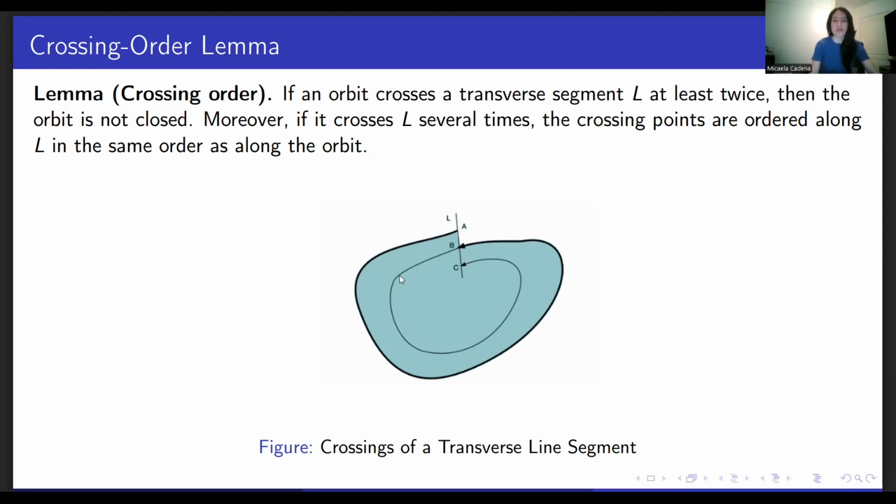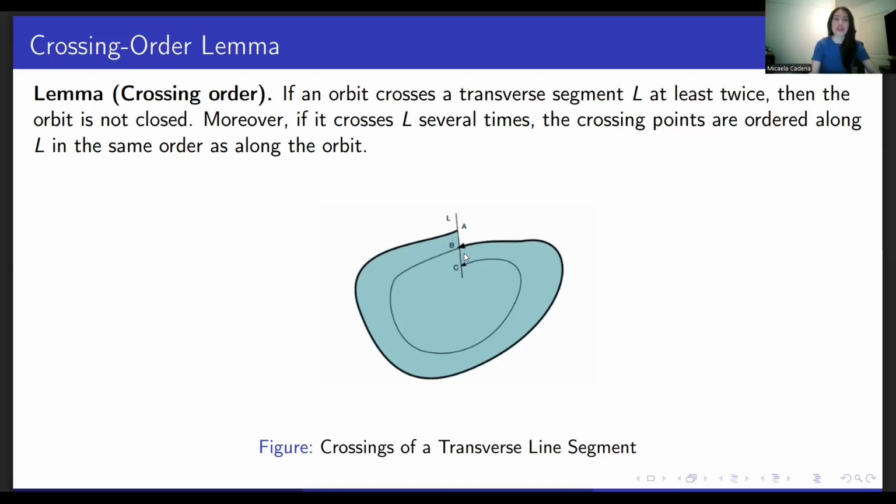So, if the orbit would cross the segment again through a third point, which we will call C, and if we wanted C to be in the near of A, that is, to be between A and B, as in the order ACB, what will happen is that this part of the orbit would intersect this segment of orbit that goes through point B, and that can't be possible because of uniqueness.